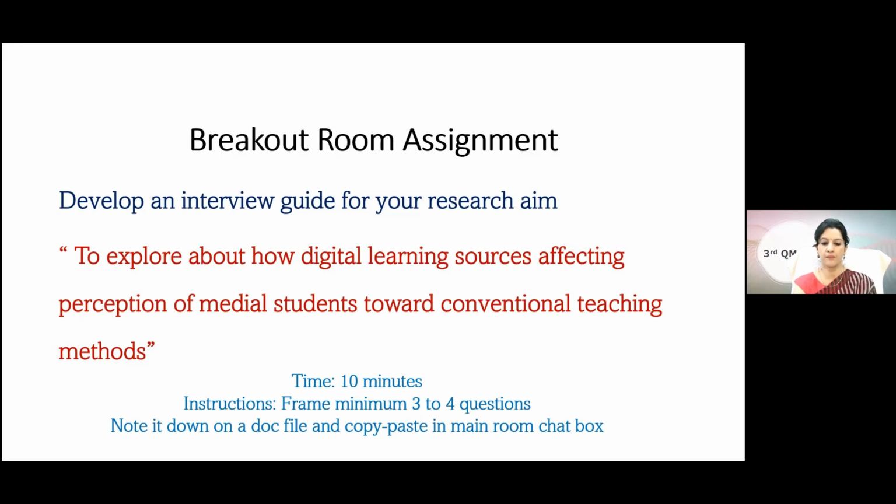Everyone has to frame questions, and it has to be done in a doc file, and then it will be copied and pasted into the main Google Doc, which has been shared with the mentors. Rajat, Manisha, Neha, Purushottam, and SSV, it has been shared with you.